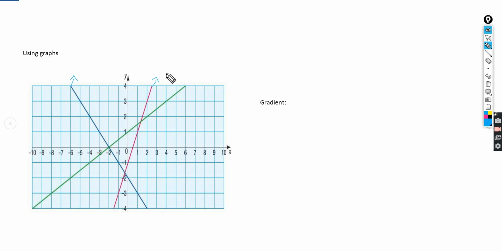Find the gradient and give me the answers. If there are any troubles or problems, do let me know. I'm assuming that as this purple line is upward sloping, the gradient would be positive, and the blue line is downward sloping, so the gradient would be negative. But you will tell me what is happening, right? If it does not happen that way, we'll come back to it and see what we're supposed to do.